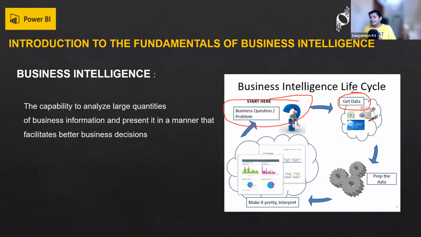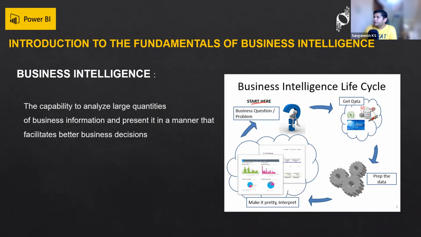After getting the data, there might be a tiny amount of data preparation, or a large amount. So the third important step is data preparation. You have to prepare the data. And last but not the least, you prepare the report, and then you solve the business problem. So this is the whole cycle. First, there is a question.